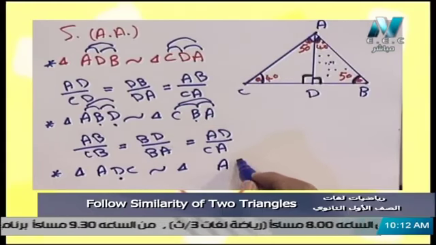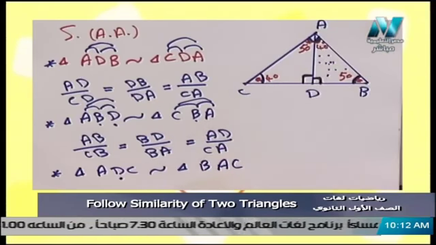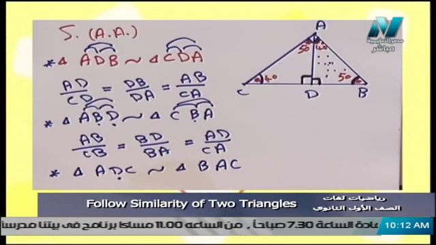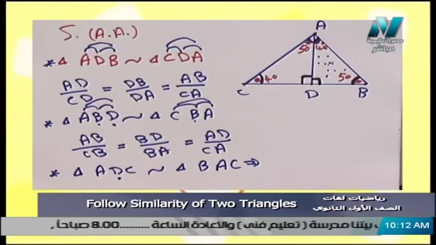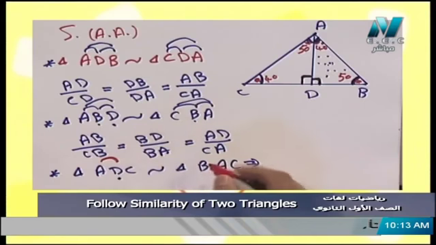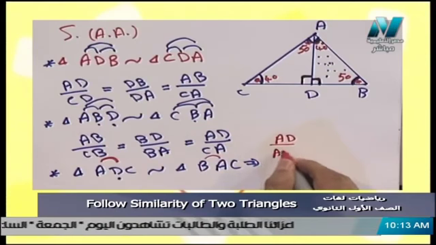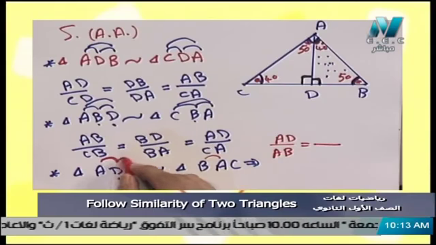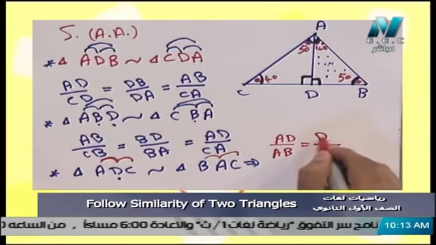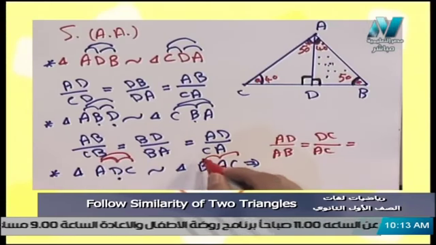So we can deduce easily that AD over AB, or BA, it makes no difference, equals DC over AC equals AC over BC.